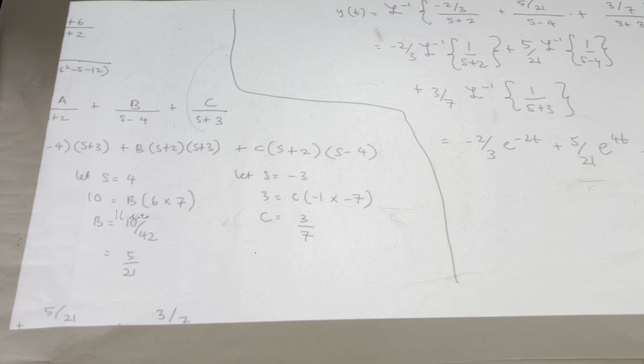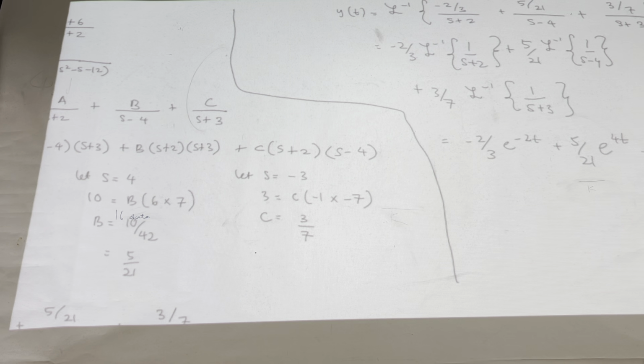Okay, example C, 9C, find a solution for the following initial value problem. So we have second order, so we need to have two initial values. So apply the Laplace transform.